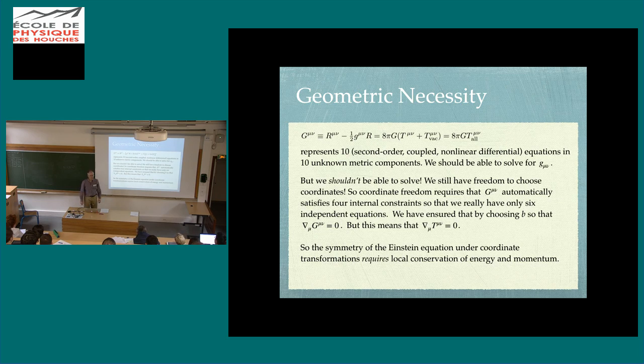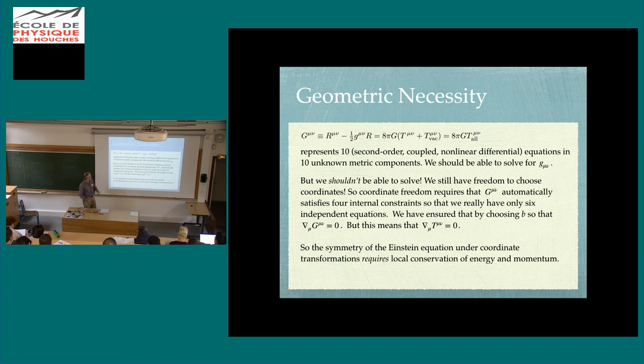Well, the issue is we shouldn't be able to solve for all 10 components of the metric, because that would mean not only determining the curvature of space-time, but determining the coordinate system. And the whole point of general relativity is it's independent of coordinate system. You can choose any coordinate system you like. So we should not be able to determine the coordinate system.